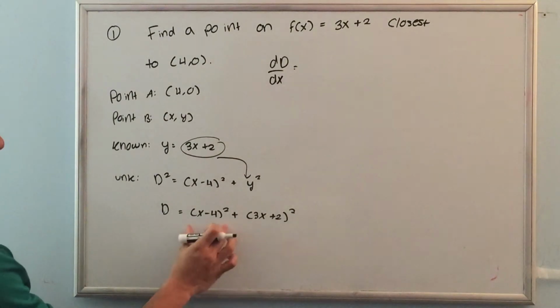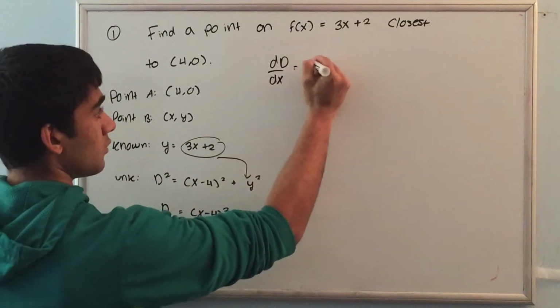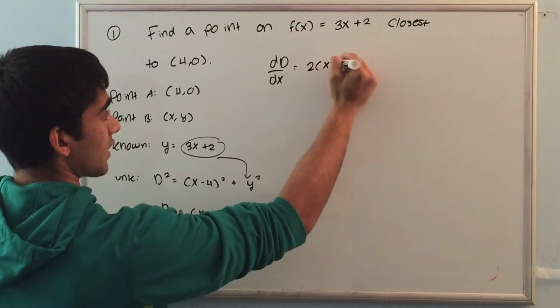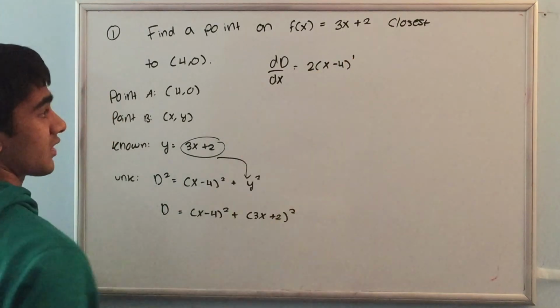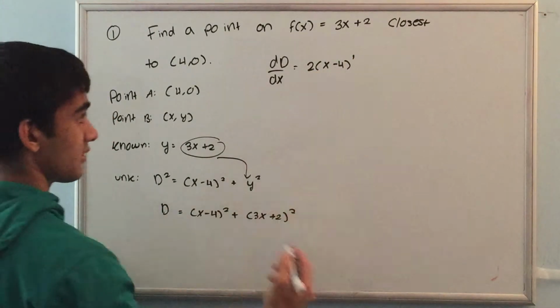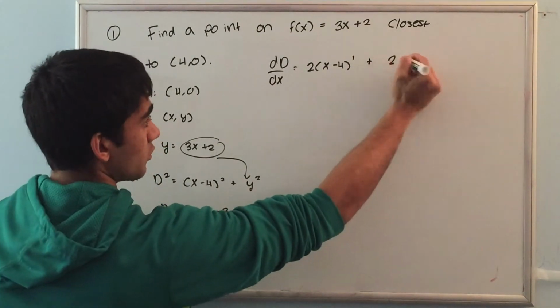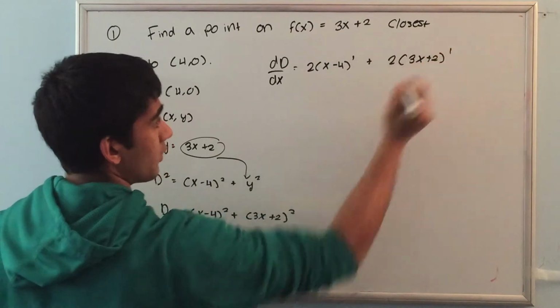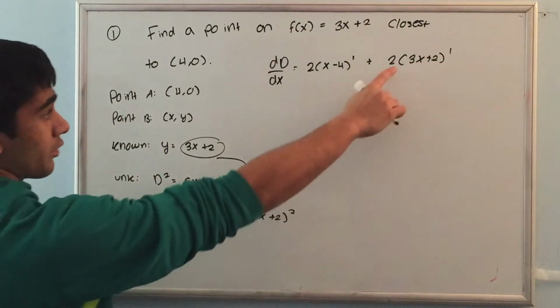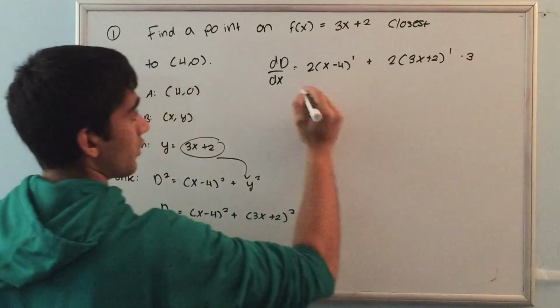I'm going to take the derivative of these two separately. The power rule will kick out a 2. So 2 times (x minus 4), remember we have to keep the inner function when we do the chain rule, times the derivative of x minus 4, which is 1, so that just stays the same, plus 2 times (3x plus 2), remember to subtract 1 from the exponent, and the chain rule kicks out a 3, since you have to multiply by the derivative of the inside, so times 3.